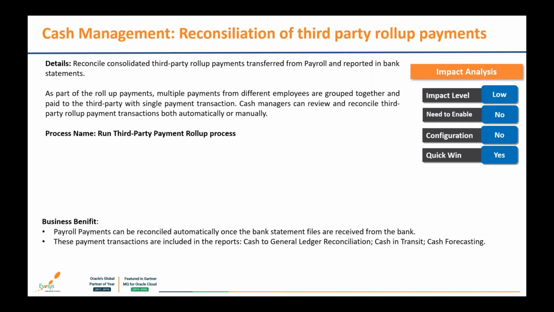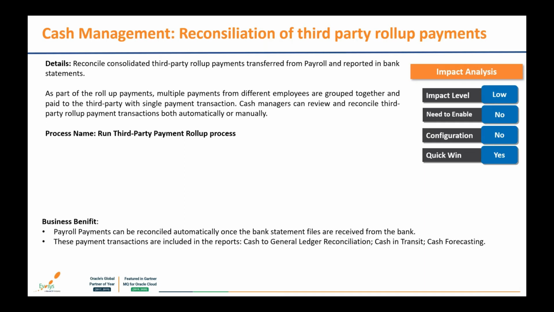Cash Management, reconciliation of third-party roll-up payments. Now, this one is specific to payments that are made from the payroll. Again, this really makes life easy for cash managers who are dealing with the manual reconciliation of payroll payments.